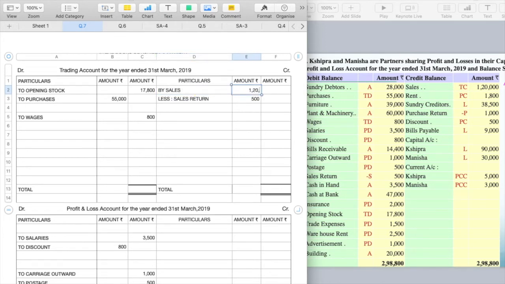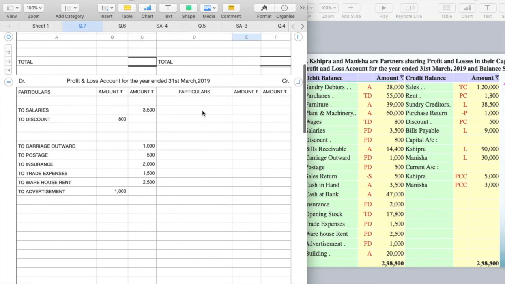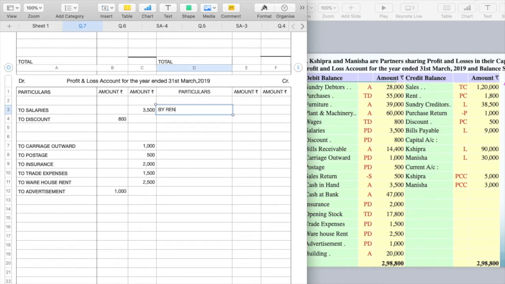As you can see in the trial balance, there are 2 adjustments on sales. One is sales return, so that will be minus here itself, 1,19,500, and one more adjustment is there. For that you can leave 2 lines because we have to write a little longer. Next is rent, profit and loss account credit side, 'By rent', inner column 1,800 as there is an adjustment.